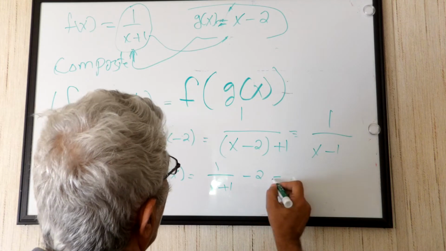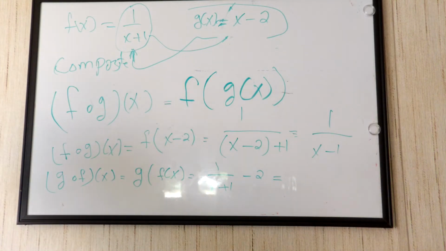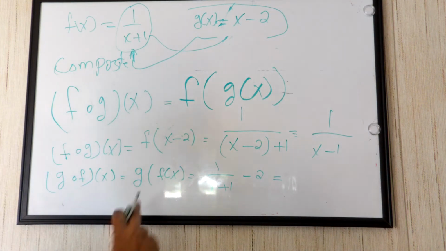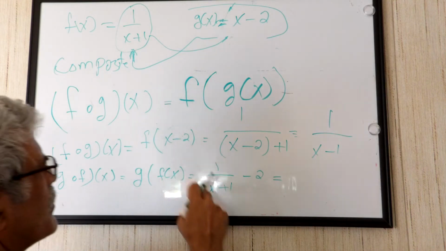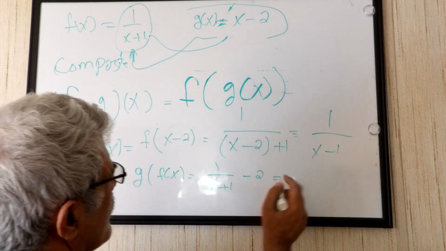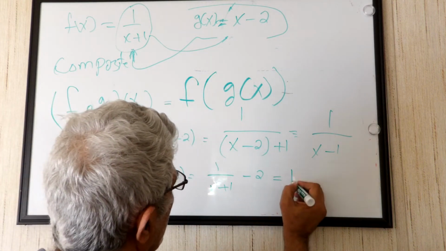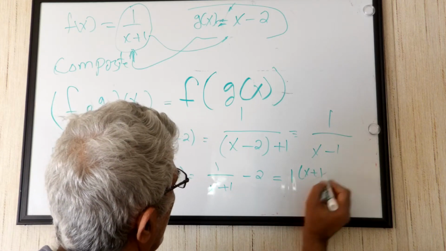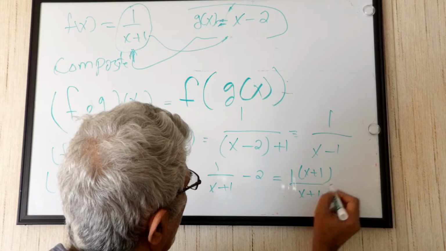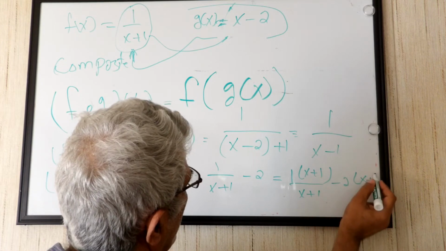And then if you want to add this, we add both items: x minus 2 and 1 over x plus 1. The first one is going to be x plus 1 minus 2, over x plus 1.